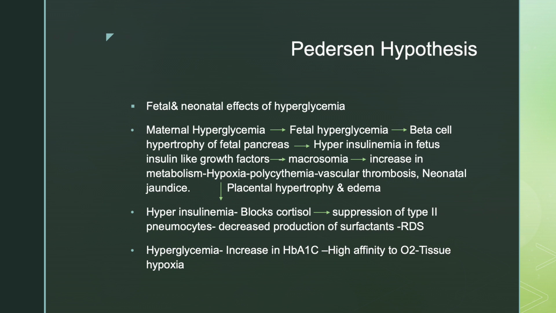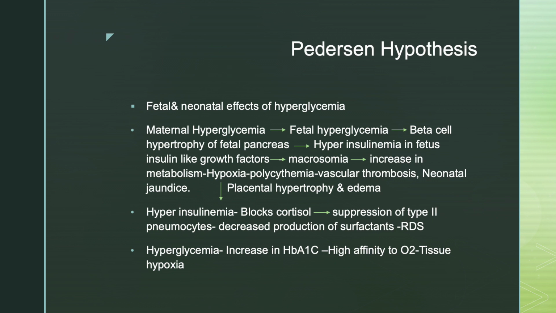This will result in beta cell hypertrophy of the fetal pancreas and hyperinsulinemia in the fetus. It also produces insulin-like growth factors, which will contribute to macrosomia in the fetus. When there is increase in growth, there is increased metabolism and more requirement of oxygen.